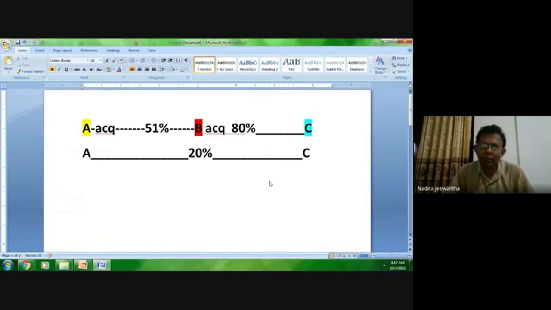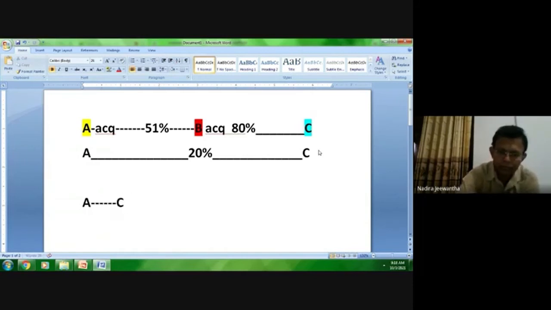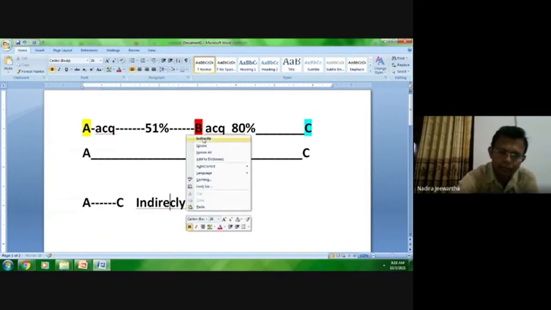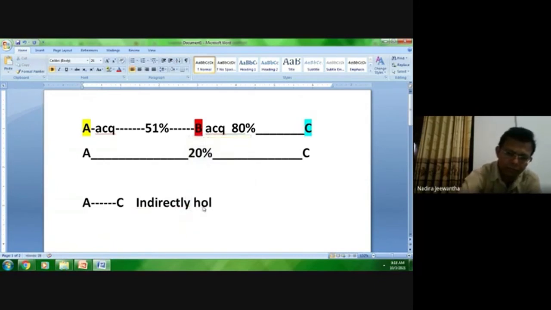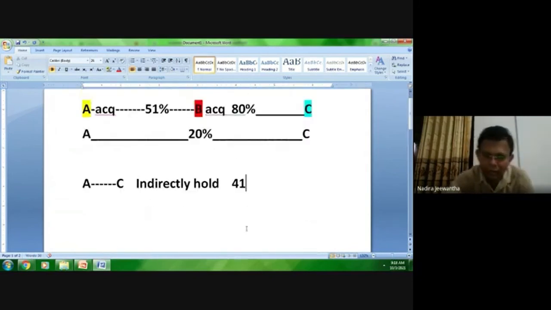So then what's the relationship between A and B, A and C? A indirectly holds 41%, 41.40 plus, yeah, 41%.